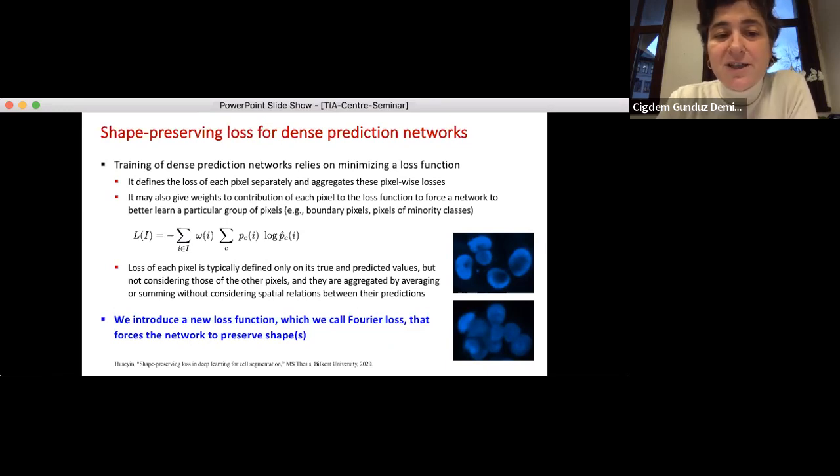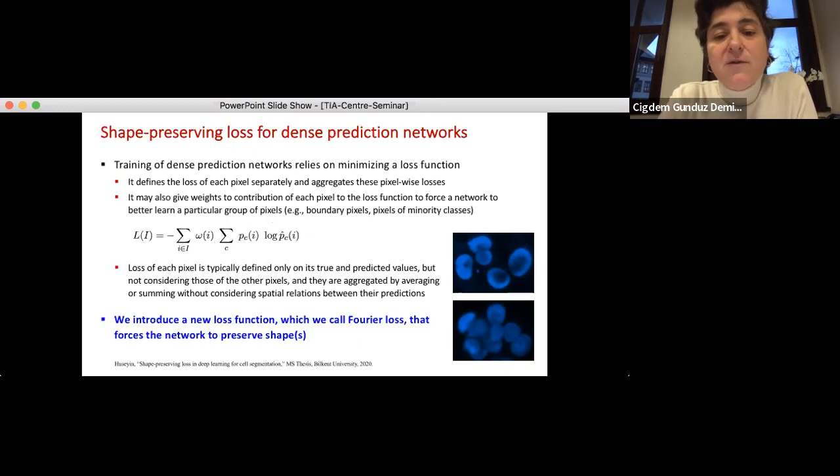Here's an example, a weighted categorical cross entropy. It is very common to define the loss of a pixel i on its true and predicted values, but we mostly don't consider the predictions of the other pixels when defining the loss of that particular pixel.